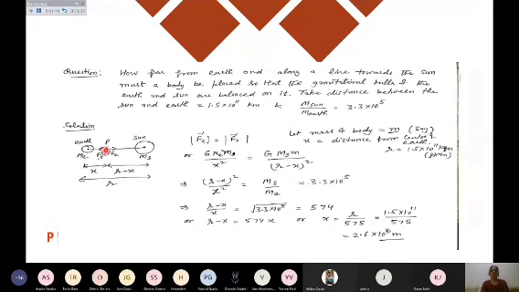You see, if I want to find the force at point P due to Earth, it will be towards Earth. And if I want to find the force on the body due to Sun, it will be towards Sun.